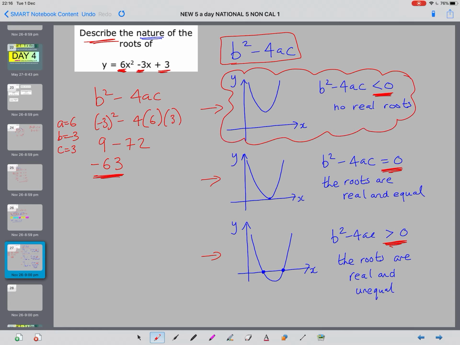And what you would write is, since b squared minus 4ac is less than 0, there are no real roots. And if you look at the graph, it means it does not cut the x-axis. Okay.